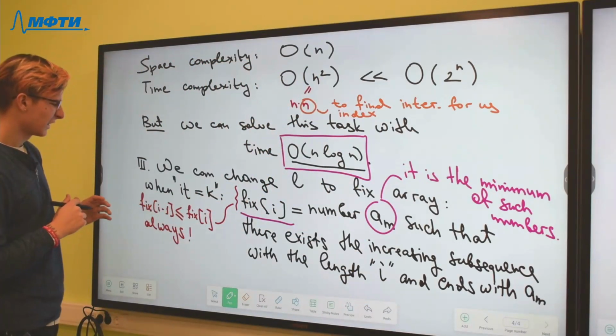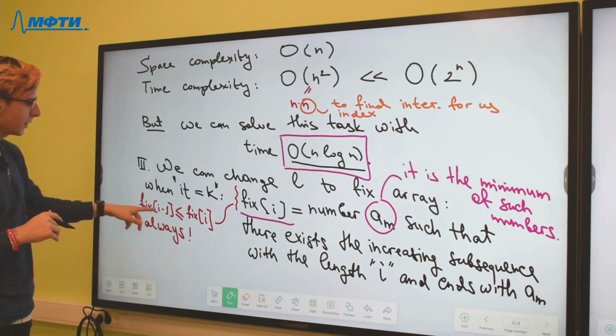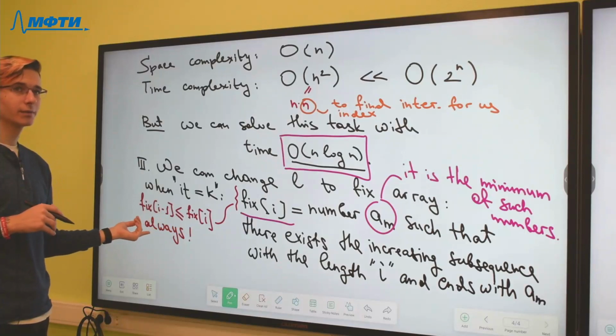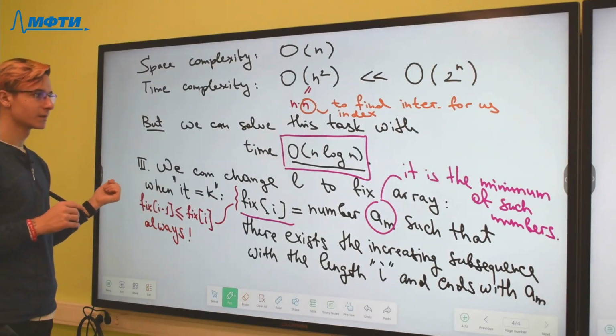And now if we work with a sorted array, we can find it.